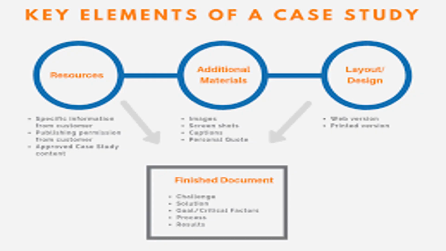Now, when we talk of a further higher level, for CBSE it is not yet to this extent that we have to go, that we have resources, additional material, layout design and finished document. This is only when you take up management. In MBA courses, for 11th, 12th, it is not that important.